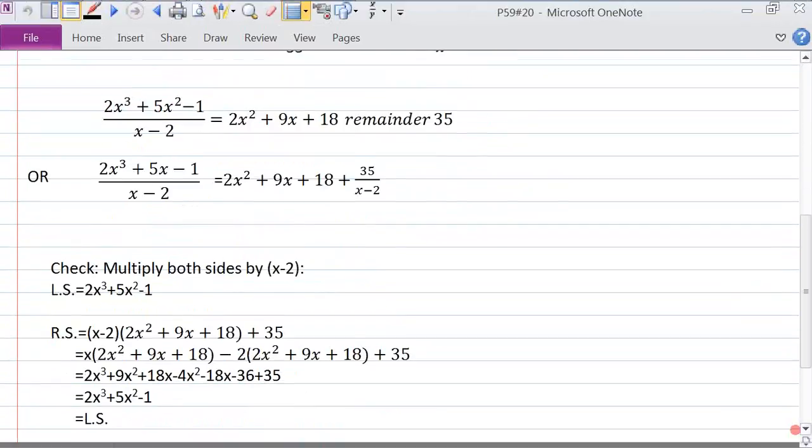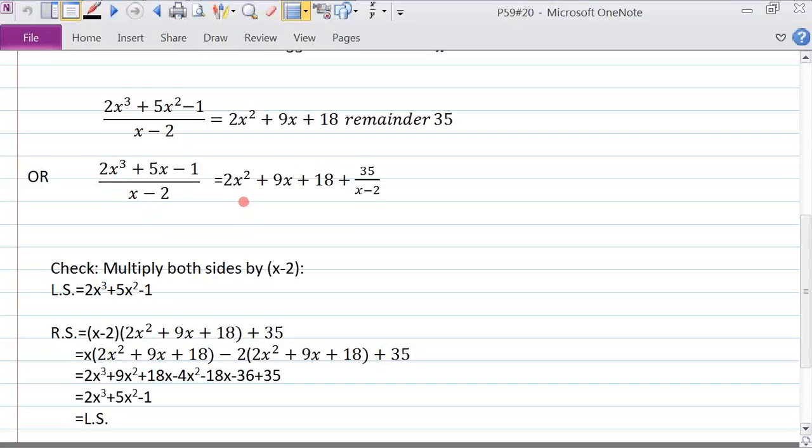So if we multiply both sides by x minus 2, then on the left side, I've got x minus 2 on the numerator and x minus 2 on the denominator, they cancel. So I'm going to be left with 2x cubed plus 5x squared minus 1. So this will become this when I multiply the left side by x minus 2.